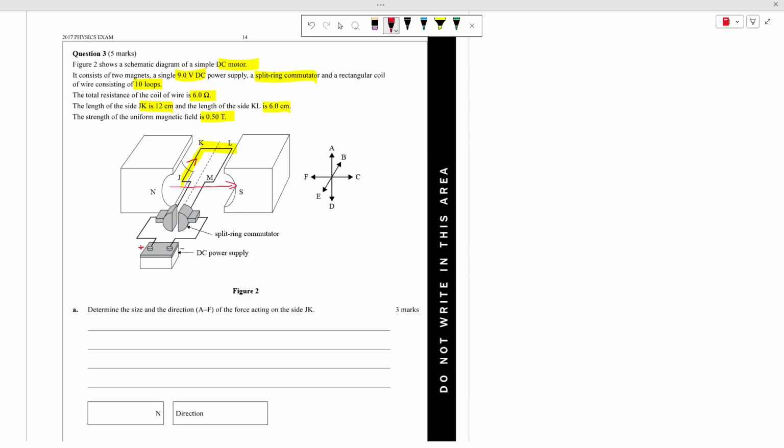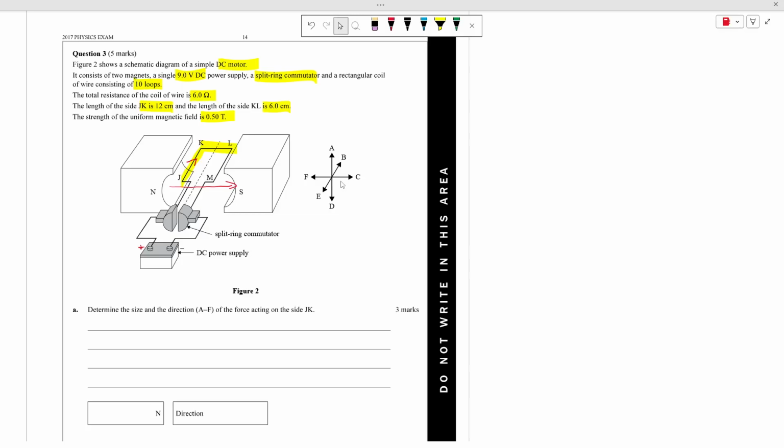Now, linking magnetic field, current, and force, we can use our right-hand slap rule to determine the force acting on the coil due to the current going through in the magnetic field. Get your right hand in front of you, point your thumb away from you because that's where the current is going.